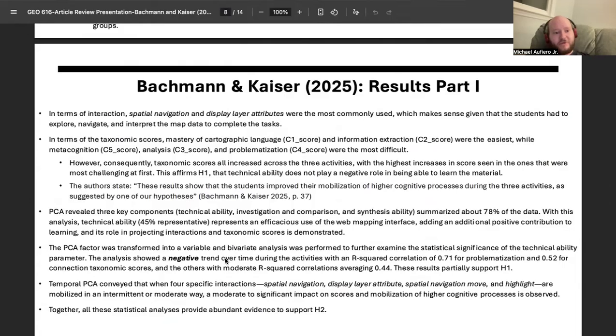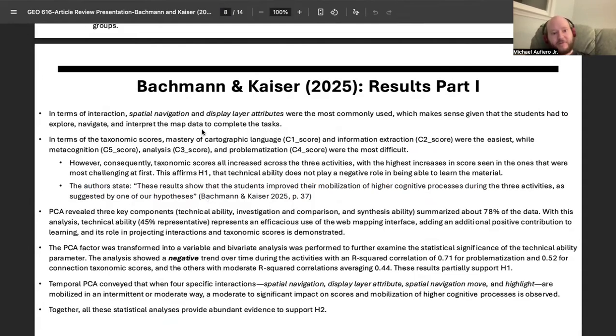In terms of interaction, so that parameter, not interactivity, interaction, spatial navigation, which is when you're moving around the map, and display layer attributes, which is when you click on a layer or a part of the layer and it tells you information about the layer, were the most commonly used, which makes sense given that the students had to explore and navigate the map to answer questions and interpret the map data to complete the tasks.